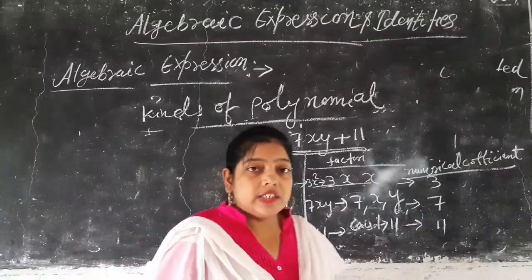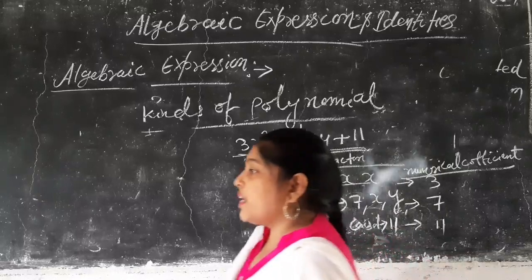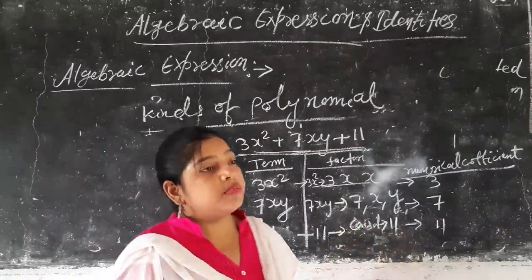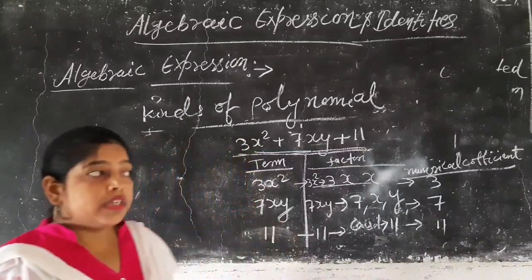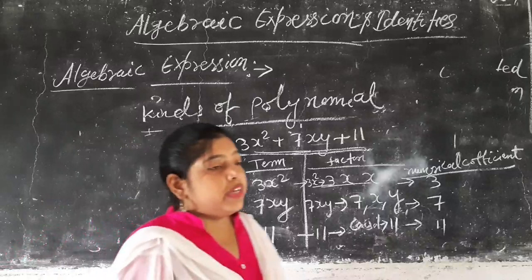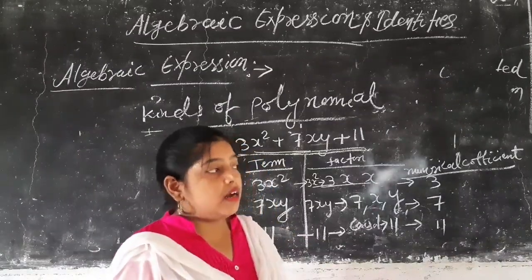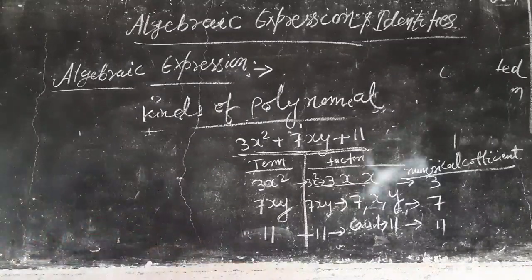Now the next is the addition of terms, which are called like terms and unlike terms. So the next thing is how we can operate on the value of an algebraic expression.